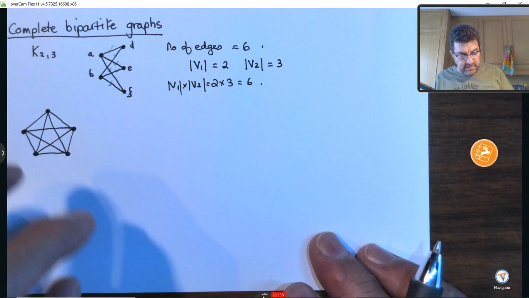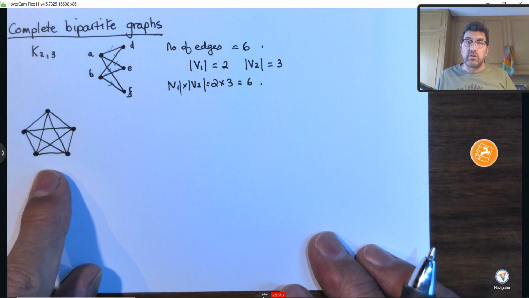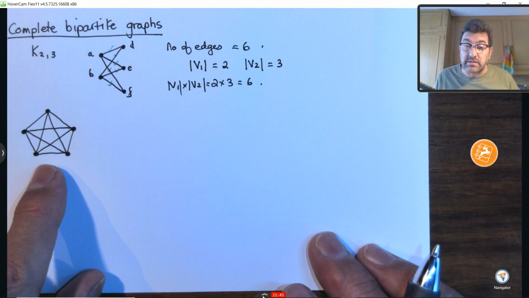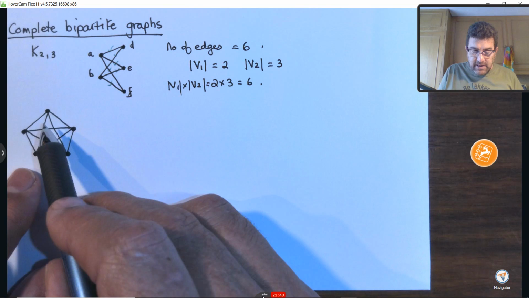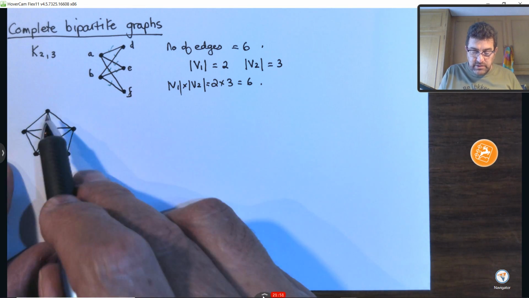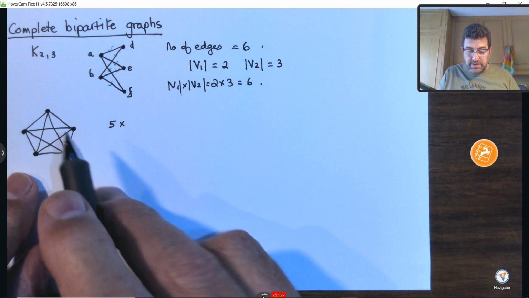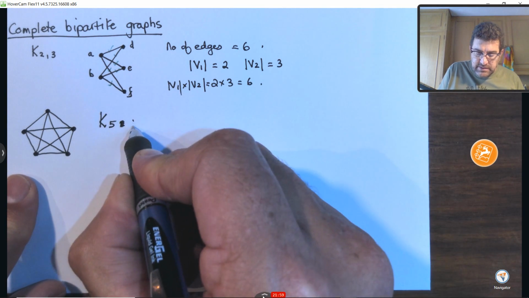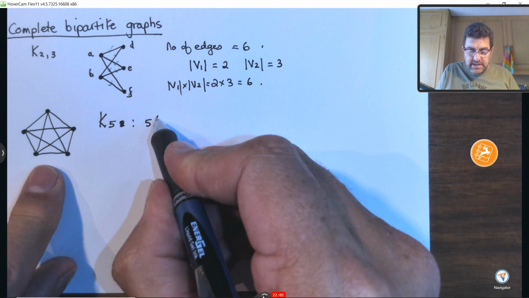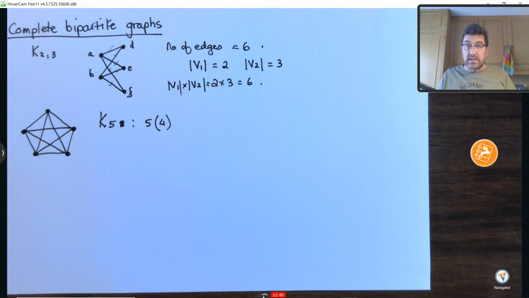So is this a complete bipartite graph? No, it's just a complete graph. For the number of edges, it is a complete graph, so we're looking at K5. There's 5 vertices, and each vertex has one less edge connected to it.